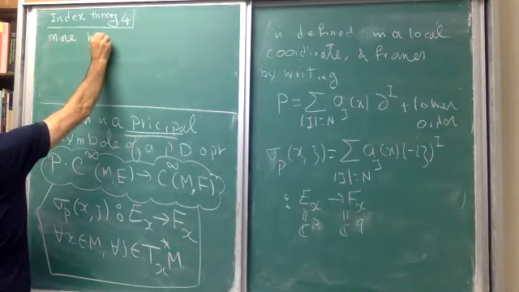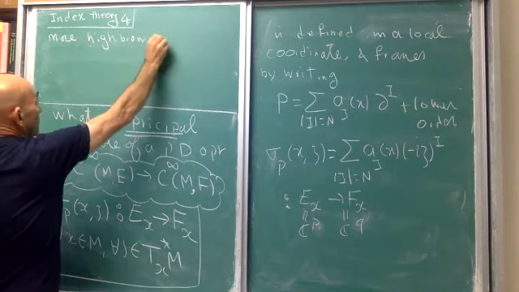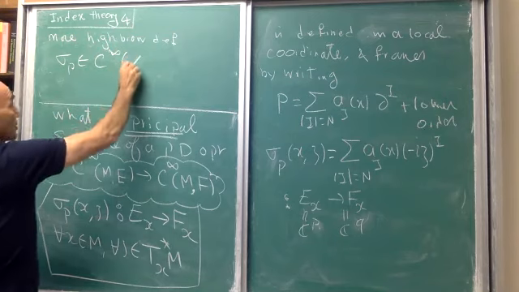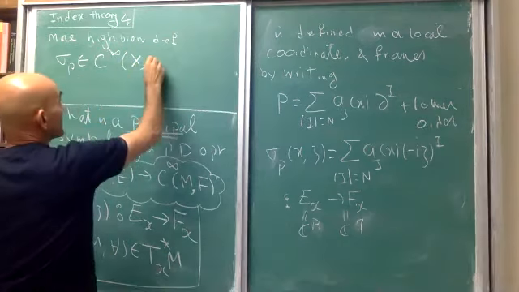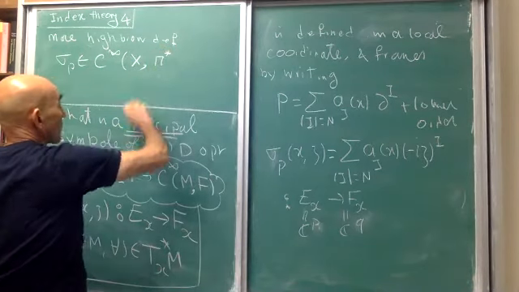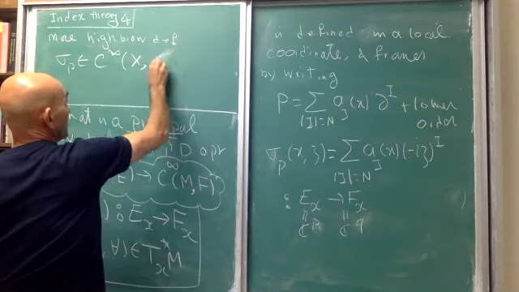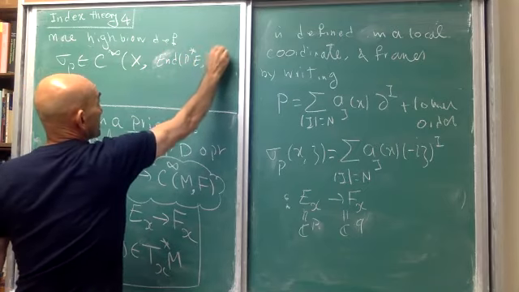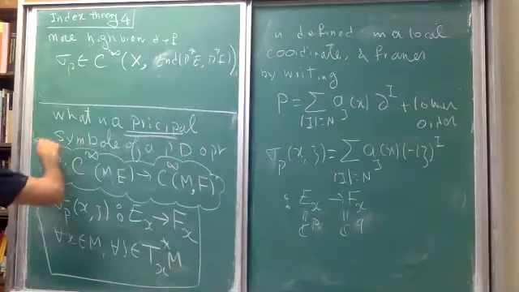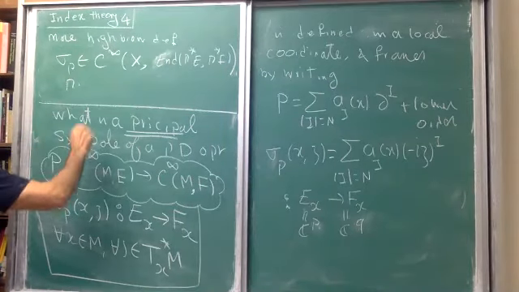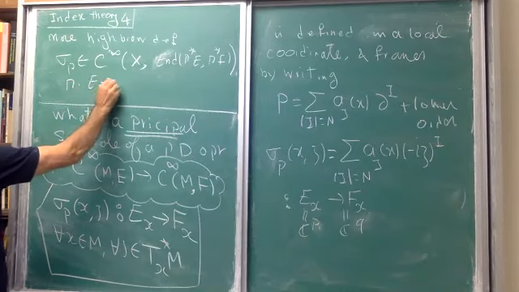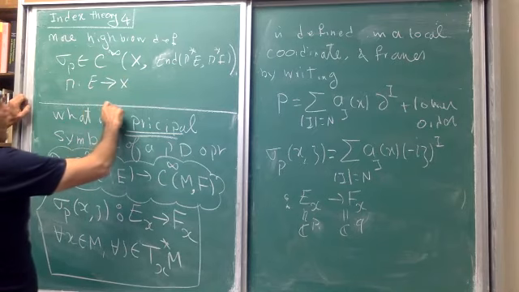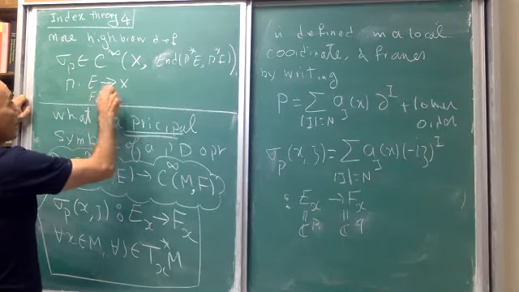The more highbrow definition is that the principal symbol belongs to smooth sections of the cotangent bundle pi star of endomorphisms, Hom of pi star of E and pi star of F. So where pi from E to X, and from F to X, are these bundle maps.